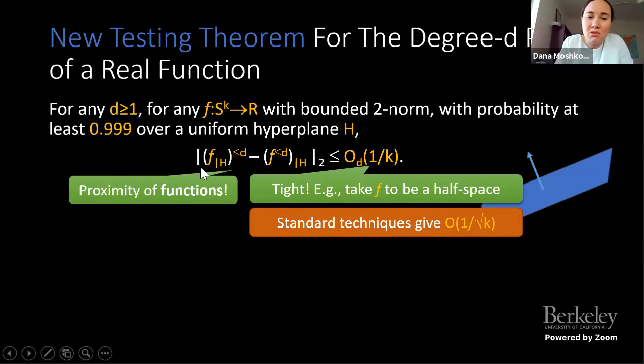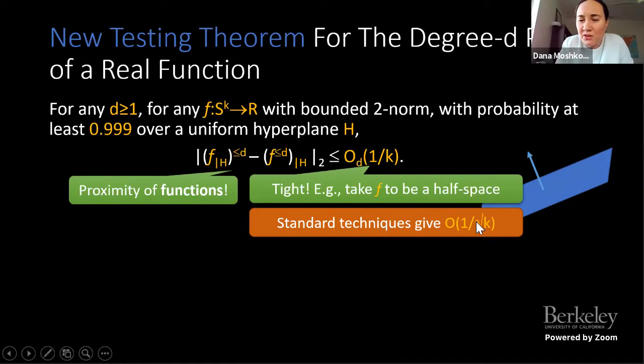However, you will bound the squared norm and get a 1 over k bound, which on the 2 norm will give you just a 1 over square root k bound. Okay. So it's standard to get 1 over square root k. 1 over square root k for our needs would have given absolutely nothing. So the entire question here was how can you get the tight 1 over the dimension instead of what you would naturally get, which is 1 over square root k.